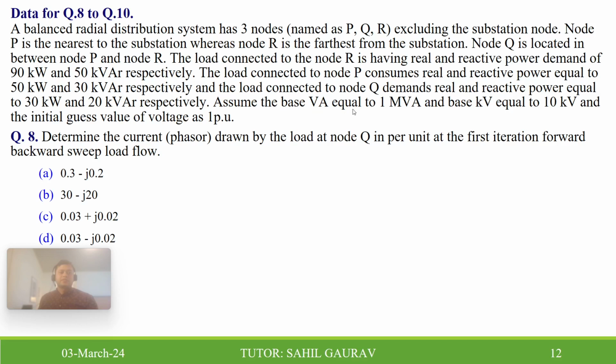Assume base VA equal to 1 MVA, base kV equal to 10 kV, and the initial guess value of voltage at the different nodes is 1 per unit. Determine the current drawn by the load at node Q in per unit at the first iteration of forward backward sweep load flow. So let us make the diagram from the data.